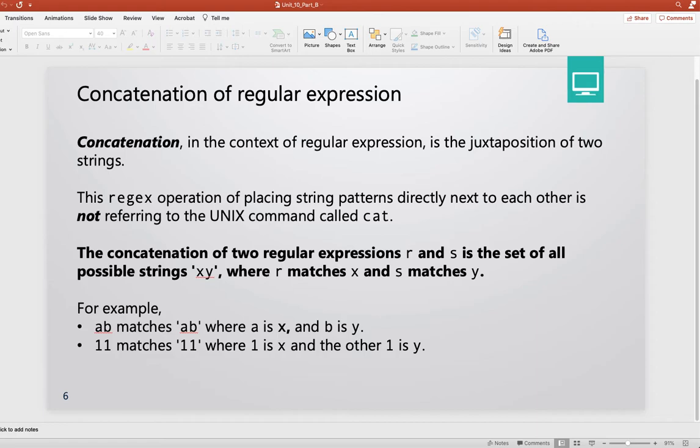The concatenation of two regular expressions R and S is the set of all possible strings xy, where R matches x and S matches y. For example, AB matches string AB, where A is x and B is y, and 11 matches string 11, where the first 1 is x and the other 1 is y.